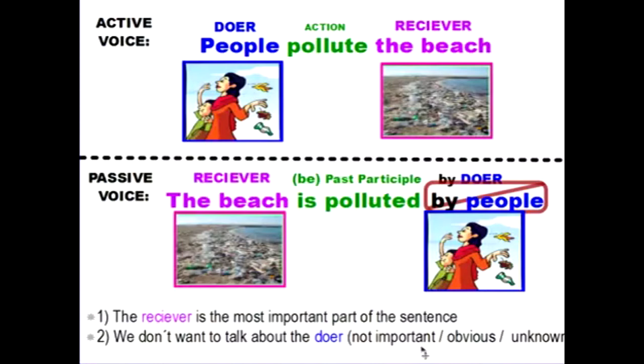Maybe it's not important, or maybe it's obvious, or maybe we don't know. So in the context of the beach is polluted, maybe it's not important who is polluting the beach, or maybe I don't know who's polluting the beach, or maybe it's obvious who is polluting the beach. So I don't always need to use my doer. I can just say the beach is polluted.